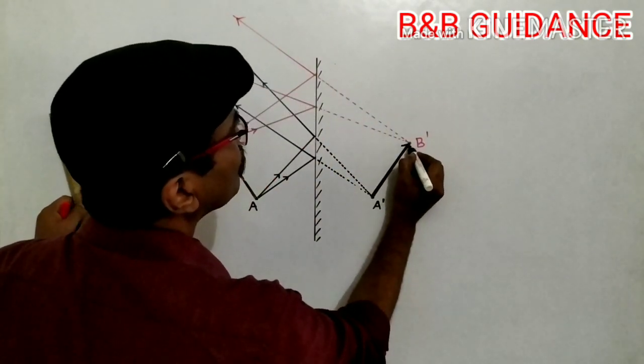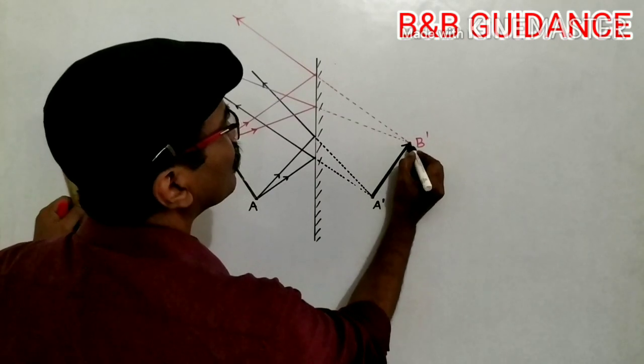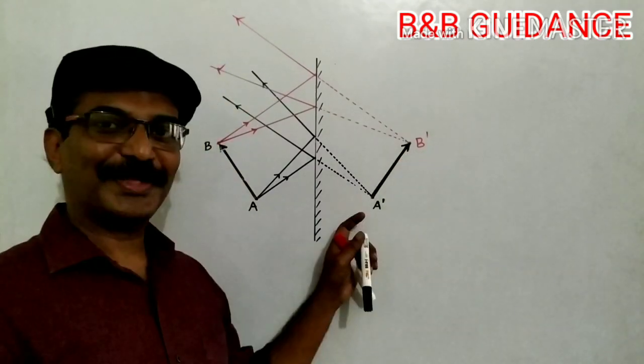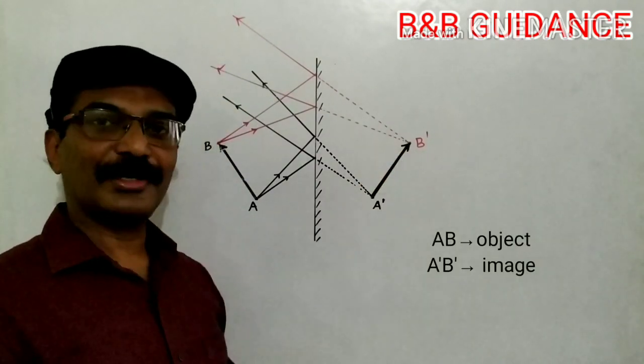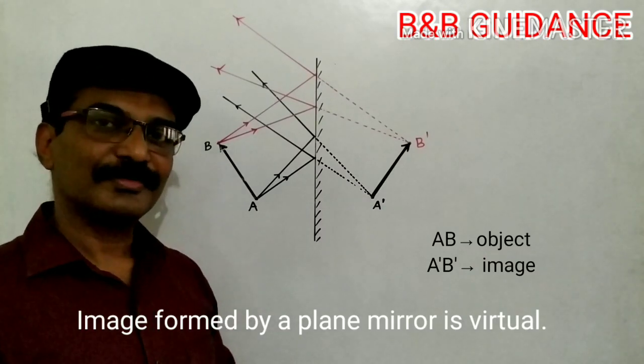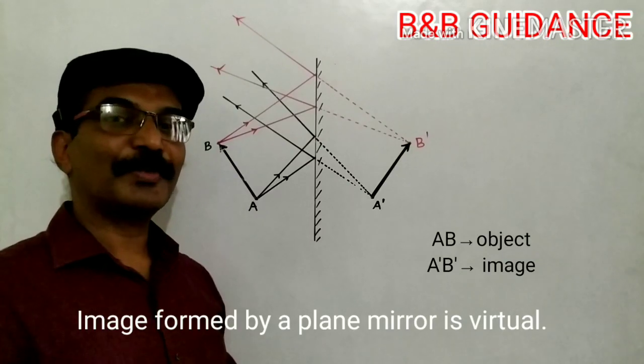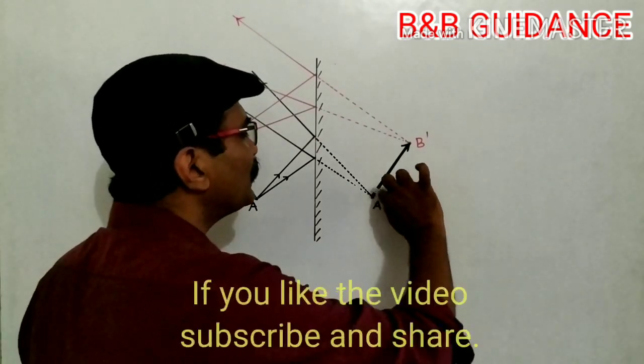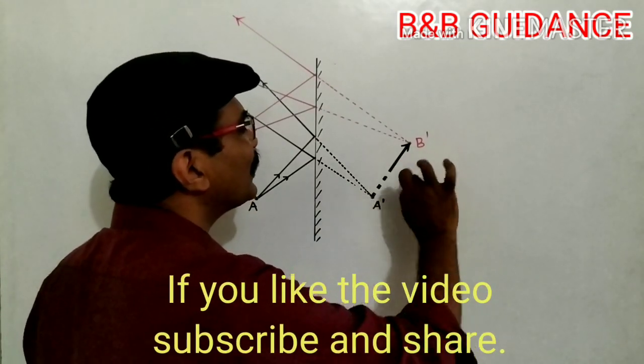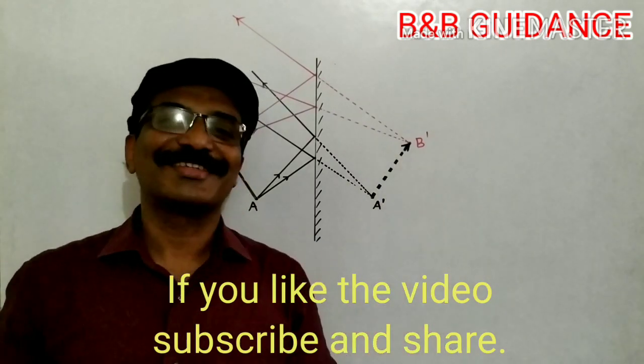Okay, here it is. You know that this image is not real. That's a virtual image. Generally, we show virtual images with a broken line. So, okay, I am doing it. Broken line. This is the image. Yes, that's it.